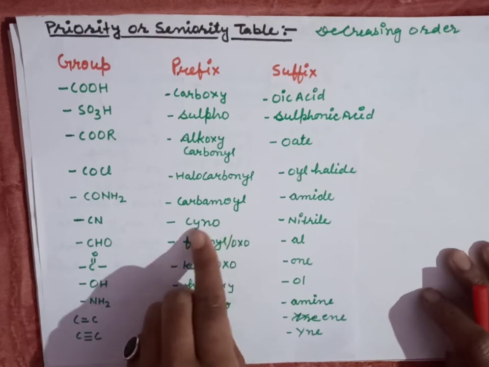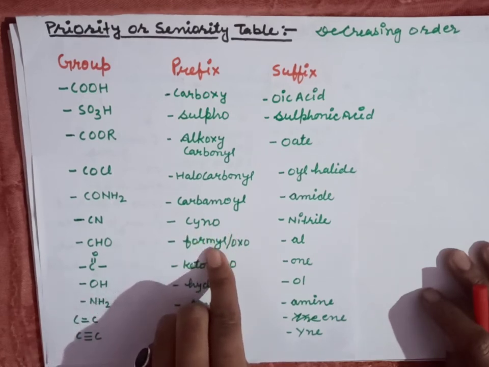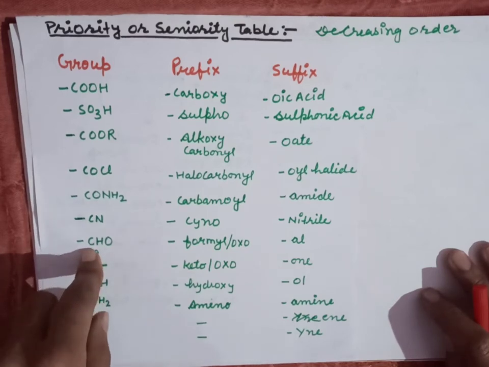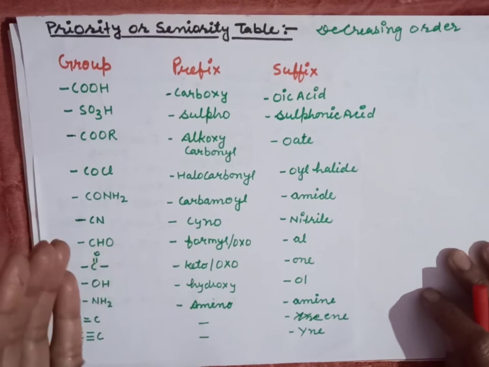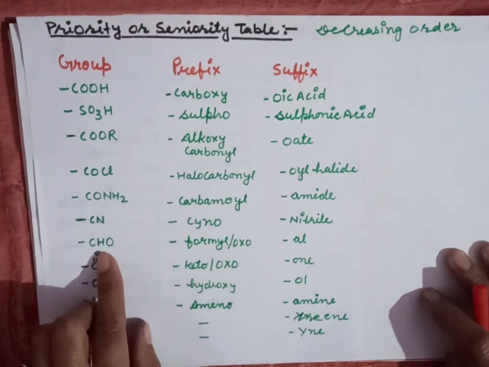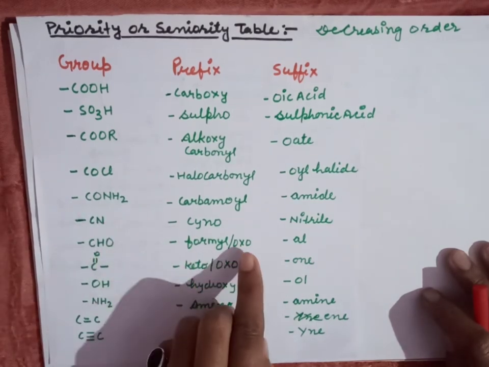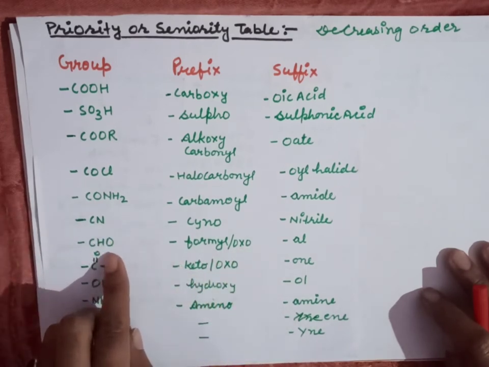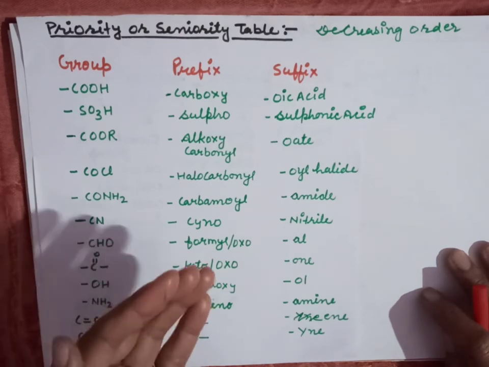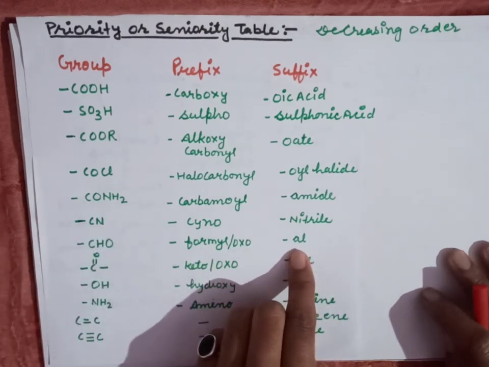Children, when you write formyl, the carbon of the aldehyde is not counted in the parent chain. When you write oxo, the aldehyde carbon is counted in the parent chain. And suffix is al.